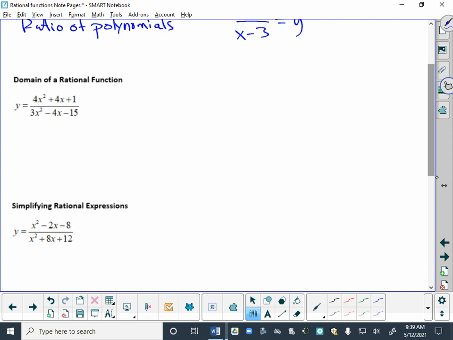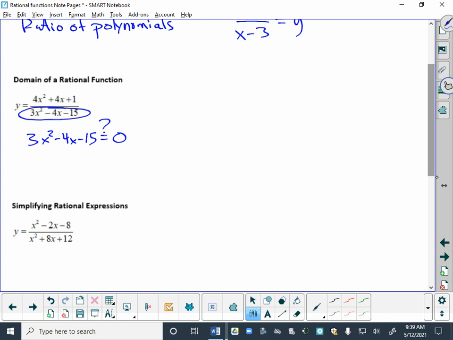There are no logarithms, so we don't have that restriction. There are no even roots. We don't have that restriction in here. So the concern when it comes to the domain lies solely in the denominator and the question of, are there numbers such that 3x squared minus 4x minus 15 might equal 0? And if there are values, then we need to get rid of those values.